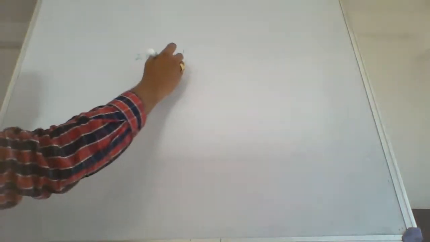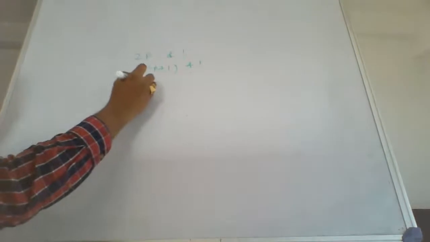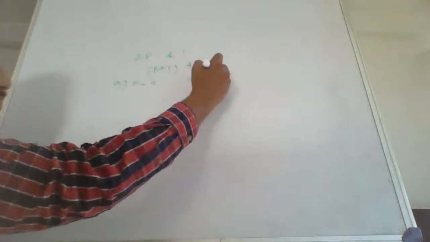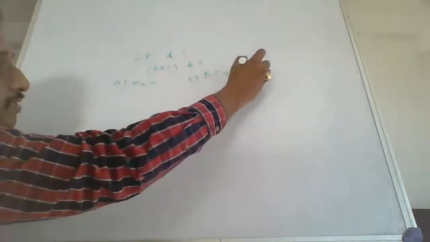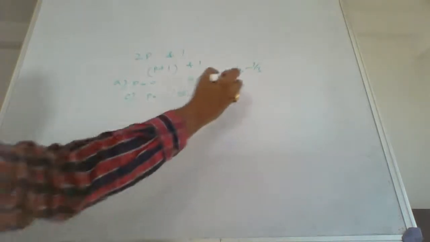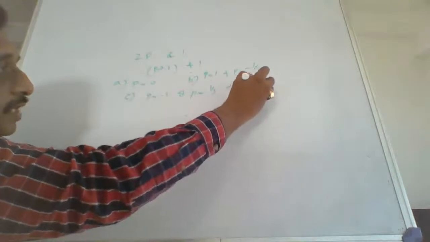If with respect to the new system, A has components P plus 1 and 1, then the choices are: a, P is equal to 0; b, P is equal to 1 or minus 1 by 3; c, P is equal to minus 1 or 1 by 3; and d, P is equal to 1 or minus 1.